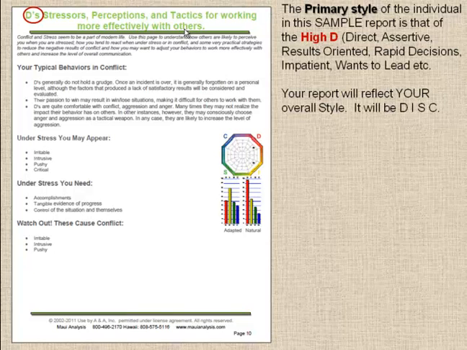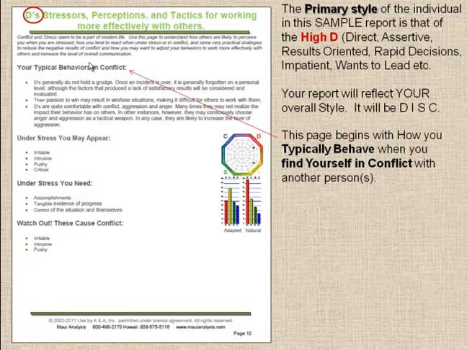And that always involves understanding yourself first. So the primary style of this individual is that of the high D. This individual is very direct and assertive, results-oriented, makes rapid decisions, can be impatient, wants to be a leader. These are typical high D factors.